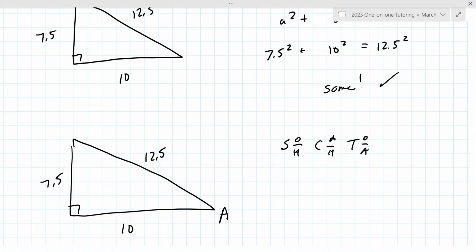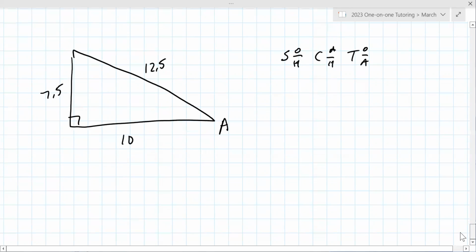So the answer is actually we're going to use all three. You can actually use any of the three here. So let's start with sine. Sine of A equals, relative to A, tell me what's opposite and what's hypotenuse. 7.5 and 12.5.